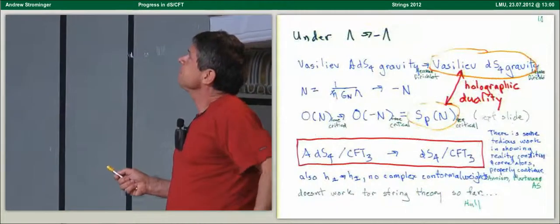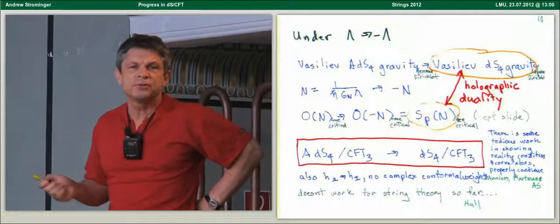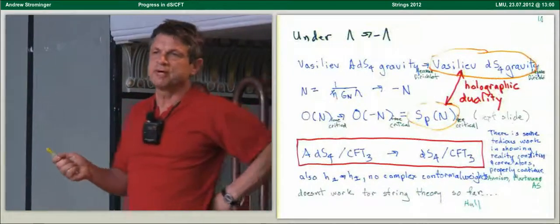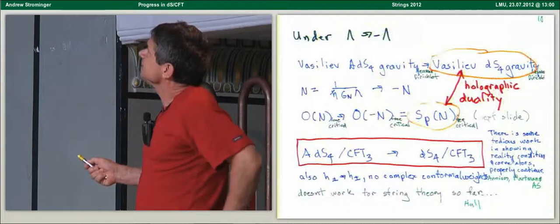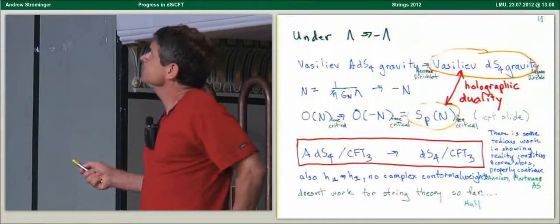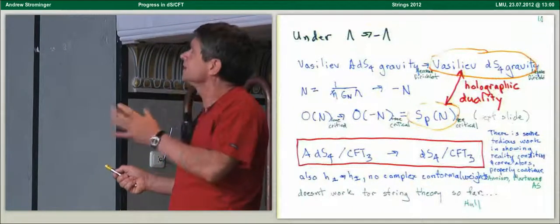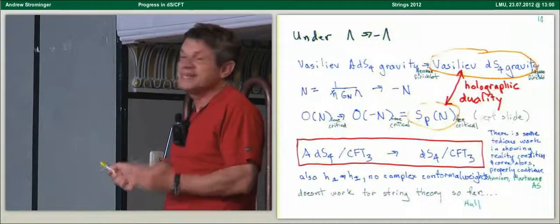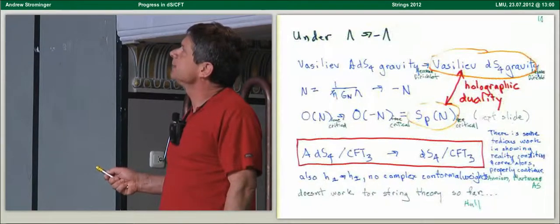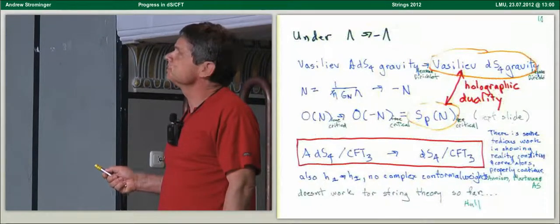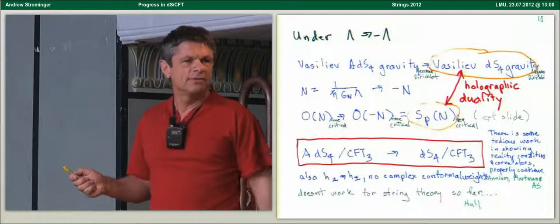So what happens if you take lambda to minus lambda in this duality? We've known for 30 years that we could easily transform Vasiliev gravity in anti-de Sitter to de Sitter. Well, I'm making it seem a little simpler than it is. To really work through this, you have to look at the reality conditions for the Vasiliev master field and look at how the equations of motion transform and so on. But in the end, it boils down to this. When you take lambda to minus lambda, you want to keep h bar and G Newton fixed to keep local positivity of the energy of the fields.